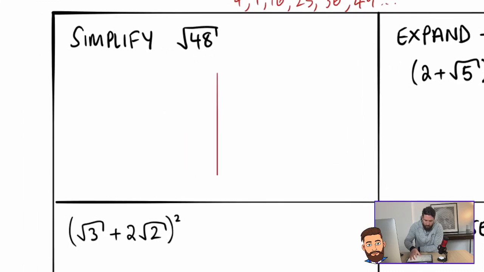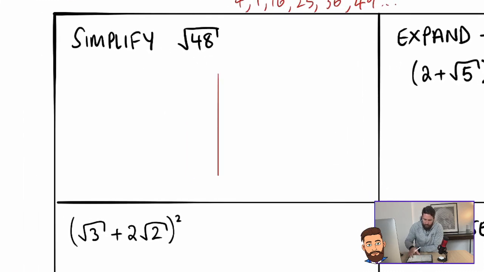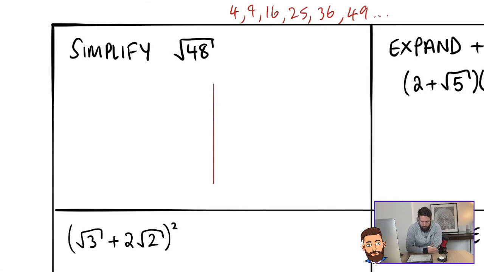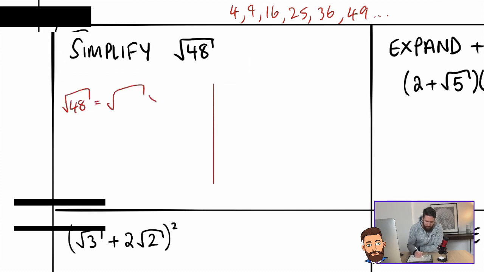And if we start with the top left, you've been asked to simplify. So if you recall, one of the exam tips I gave you was to always write out your square numbers when simplifying surds, because it's very, very useful. The exam skill that I gave you was to simplify a surd, so root 48, we're going to split it into two blank surds.